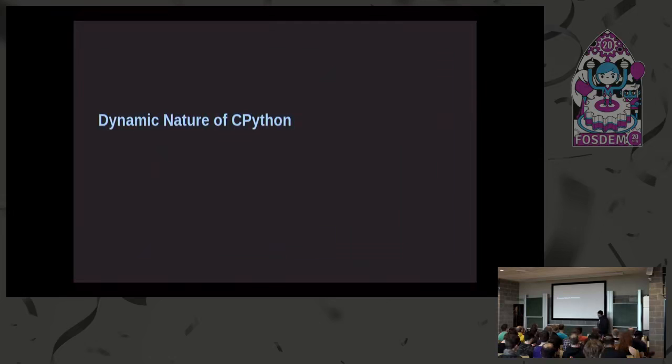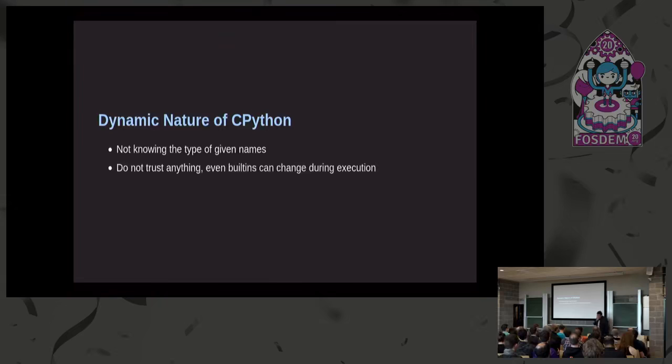Let's see why we can't directly trust the user code, because we won't be given the types of the arguments or any kind of name. They are all dynamic, and it will make our job harder. The user can even change built-ins, like the user can change the len function, or they can even put handlers inside of class definitions.